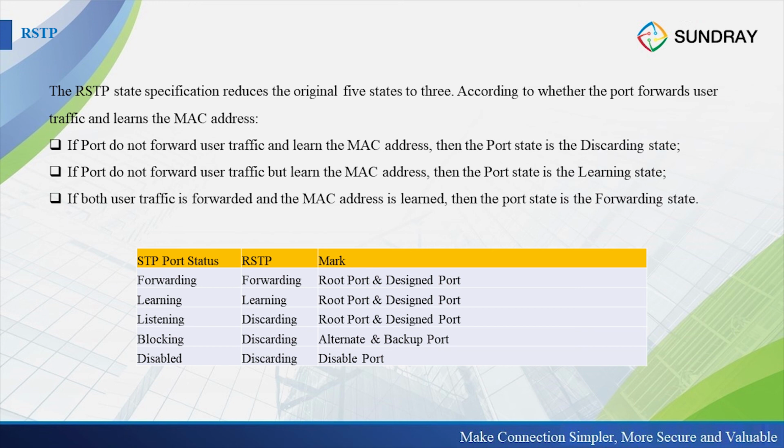There are four types of RSTP port roles: root port, designated port, alternate port, and the backup port. The root port and the designated ports are the same as defined in the STP. They forward the user data and handle the BPDU packets.